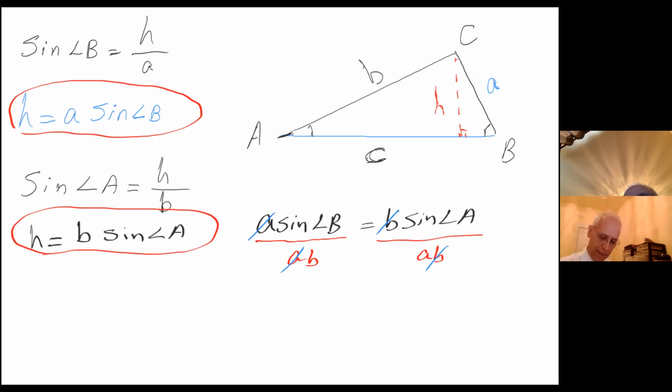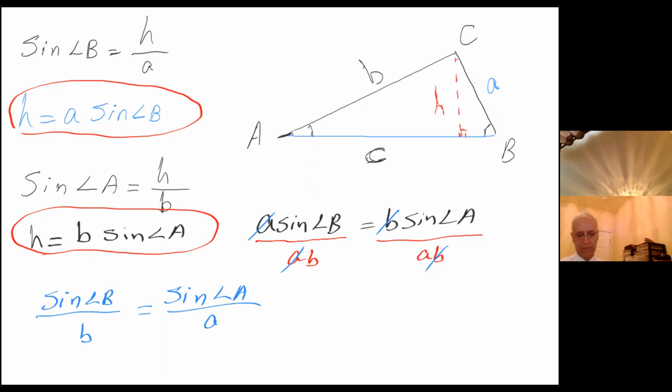So what I have is sine of angle B over b equals sine of angle A over side a. I can also draw another triangle, drop a different perpendicular, and show the same thing for angle C. But it's not necessary.